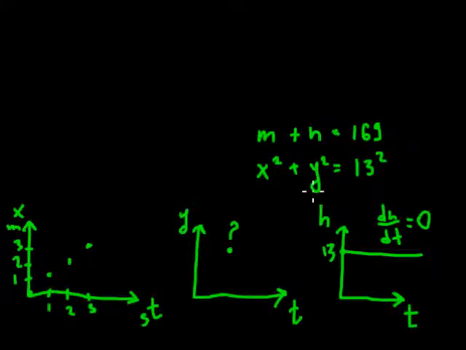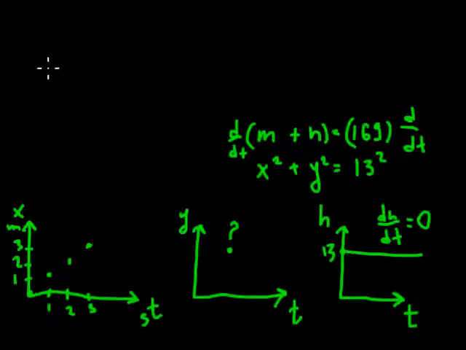And now I'm going to differentiate this equation with respect to time. I do d/dt of both sides, left side and right side. When you differentiate the left side, d/dt distributes into m and d/dt distributes into n. So let's distribute d/dt into m, and then we find what d/dt of m is. We know m equals x squared, and we need to find dm/dt.